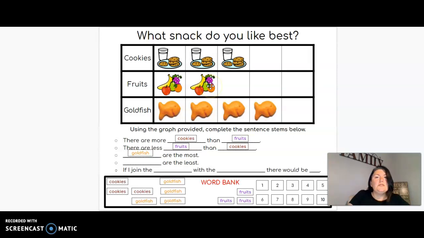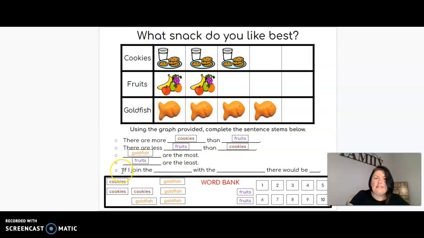Is fruits the smallest or the fewest? It is, because 2 is smaller than 3 and 4. So we know it's the least. So I'm going to come down here, I'm going to find my word fruits, and I'm going to drag it into my sentence stem so that my sentence now reads, fruits are the least.